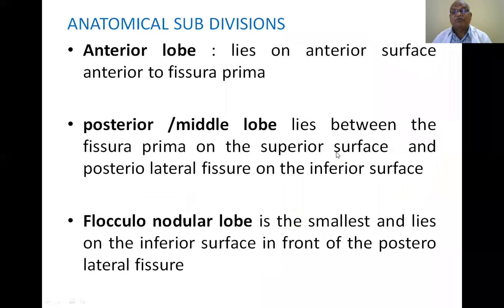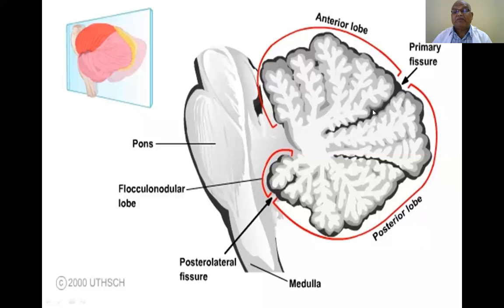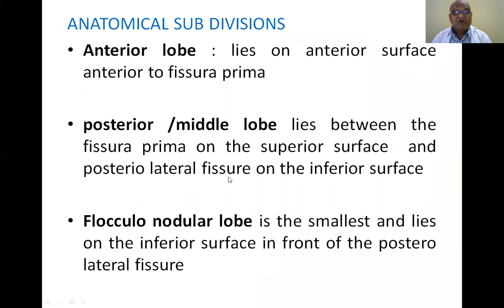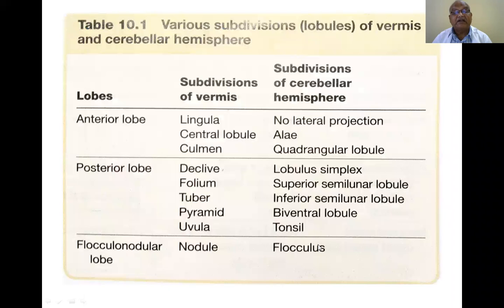The flocculonodular lobe is the smallest and lies on the inferior surface in front of the posterolateral fissure.